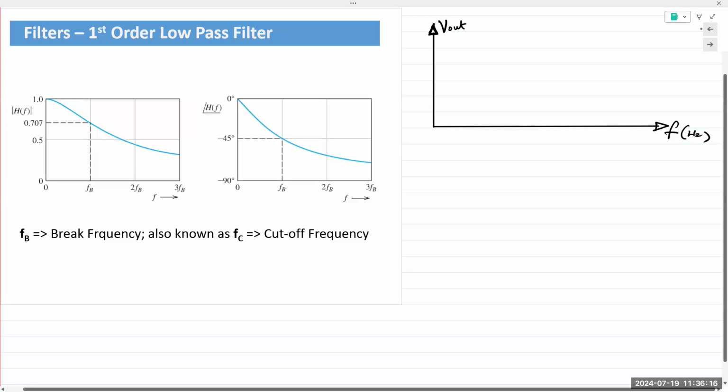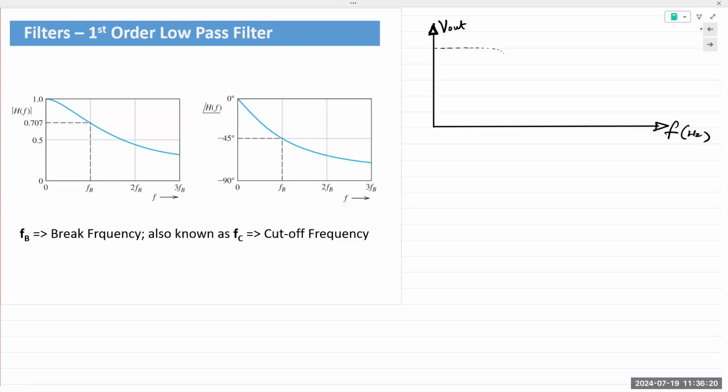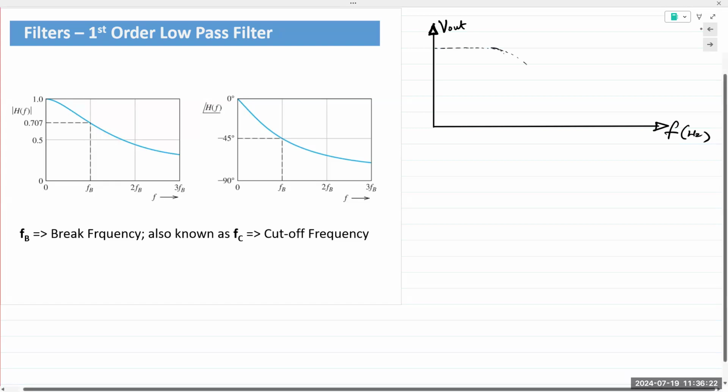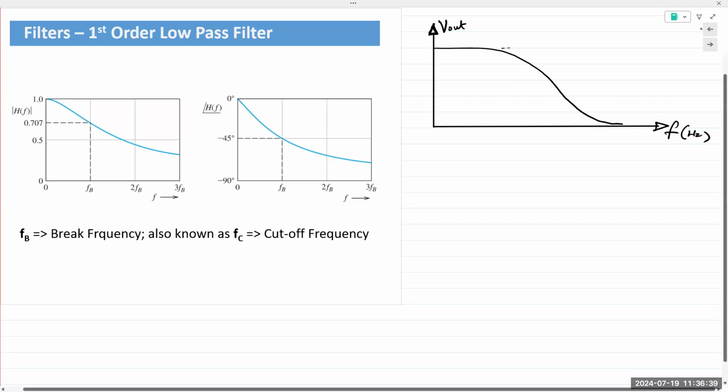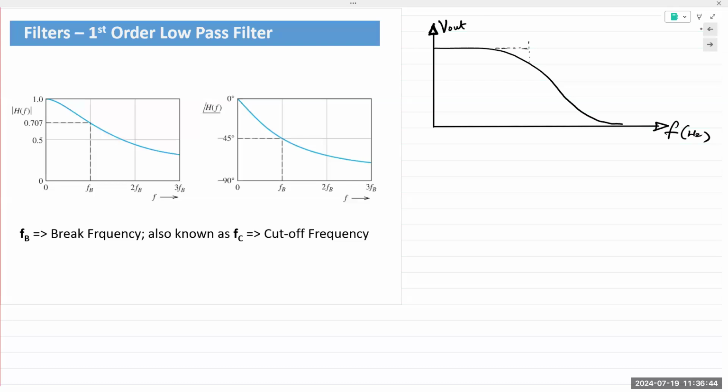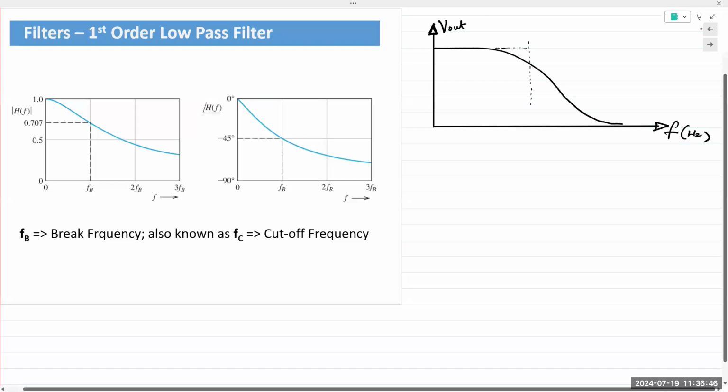If it's a low pass filter, low frequencies are passed through, and higher frequencies are blocked. But it is not an ideal filter, right? There is no sharp drop off.